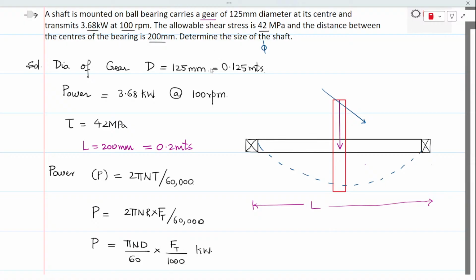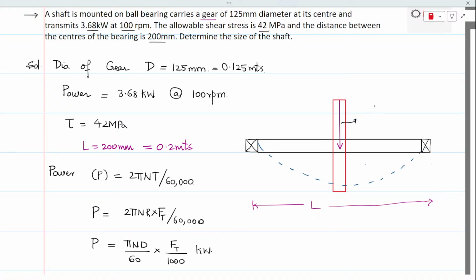So I cannot use the radial load, because only after I know the pressure angle value is the gear going to have radial force as well as tangential force. So we are restricting the problem to a load which is causing bending only in one direction.